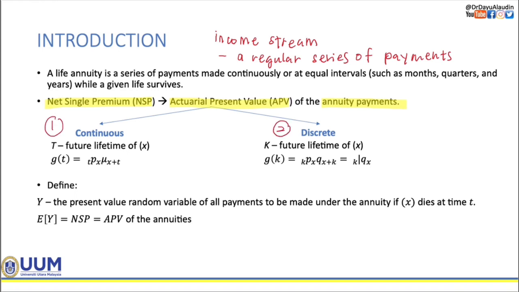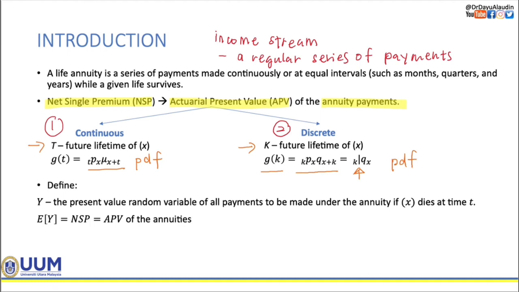For continuous, T is the future lifetime of X, and for discrete, K is the notation for the future lifetime of X. So the PDF for continuous, g(t), is tpx mu x plus t, same as for life insurance, as well as for the discrete case. So g(k), the PDF, is kpx qx plus k, or we can write it in terms of this conditional probability.